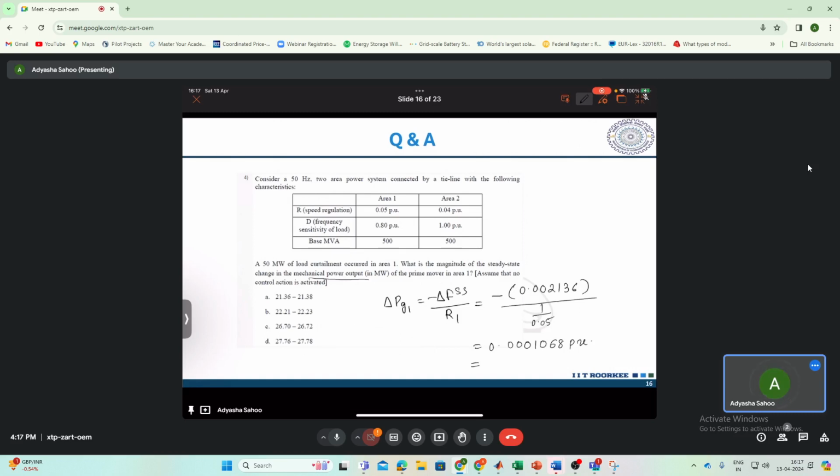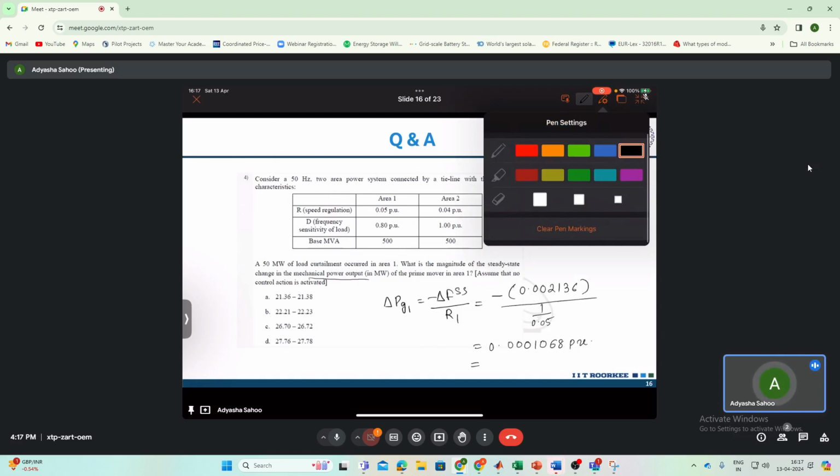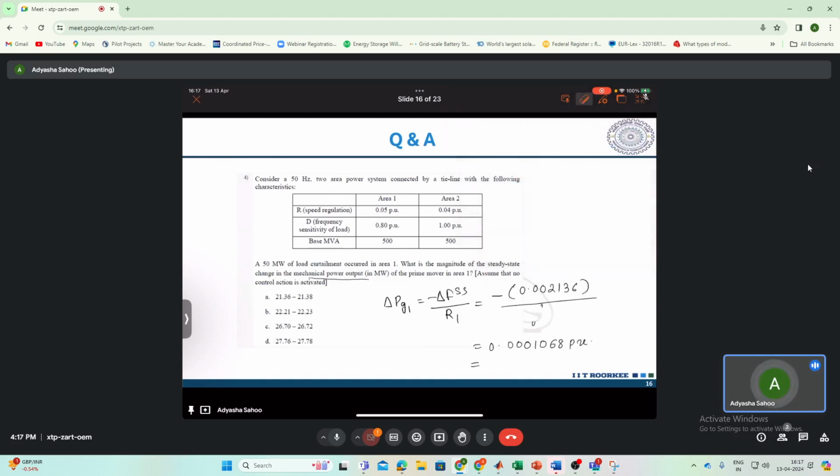Okay, so I have done this one wrong here. This is R1 only, not 1 by R1. So divided by 0.05, that will give you 0.02136 divided by 0.05.